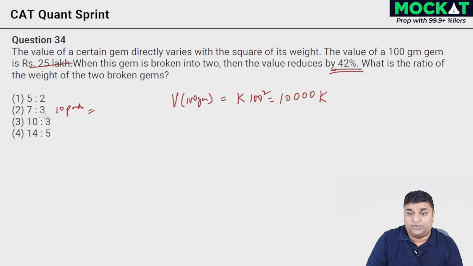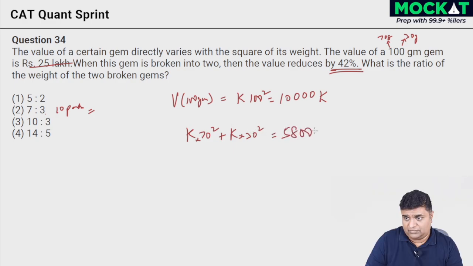Now, what if it's broken into 2? 7 is to 3 ratio, 100 grams gets broken into 70 grams and 30 grams, right? 70 and 30. Then it's going to become K into 70 square plus K into 30 square, right? 70 square is 4,900. This is 900. 4,900 plus 900 is 5,800 K, right? So 5,800 K it becomes.